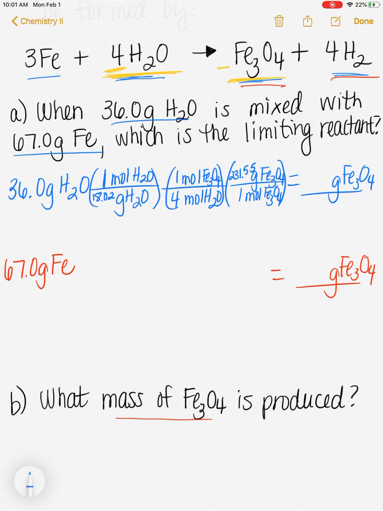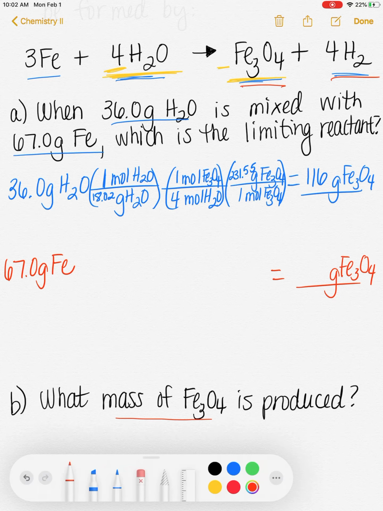So I'm going to take my starting number of 36, divide by 18.02, then I'm going to divide by 4 for the middle factor, and multiply by 231.55, and I get 116 grams of Fe3O4 that could be made.